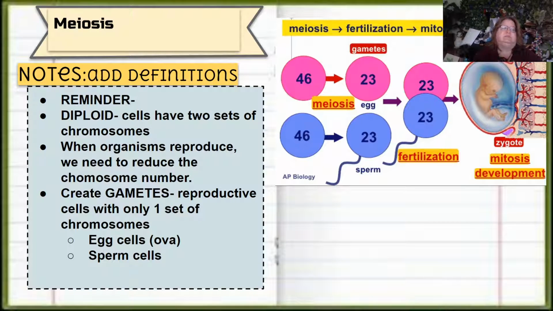And so when it comes time to create the egg or sperm cell, you're going to separate and give one of each to the gamete. So the gametes are going to get one chromosome 1, one chromosome 2, one chromosome 3, one chromosome 4, and that's going to be distinct from mitosis.